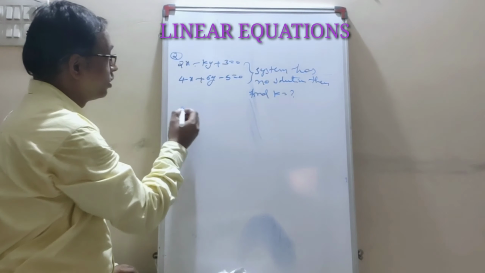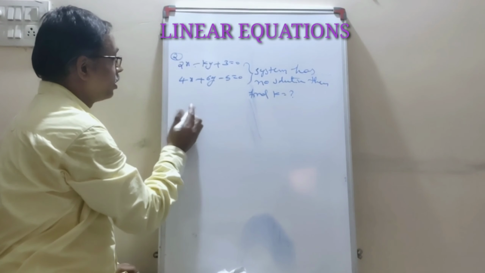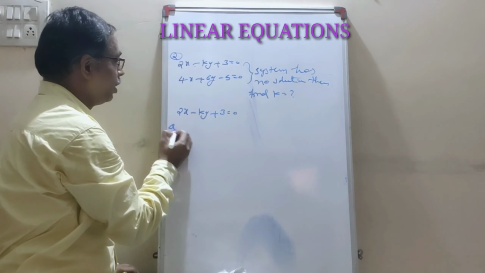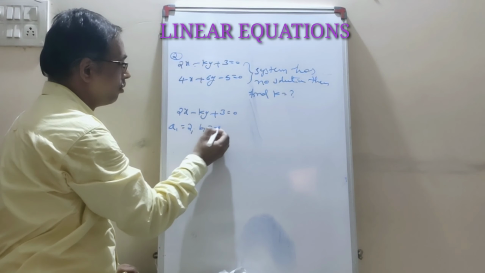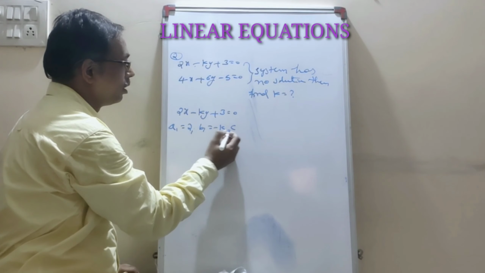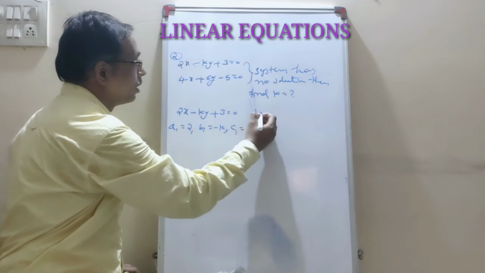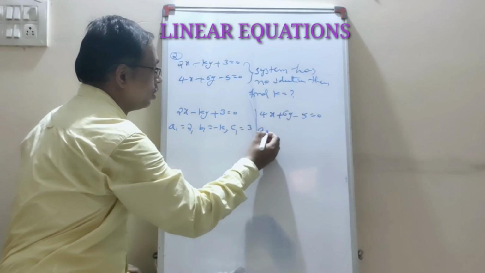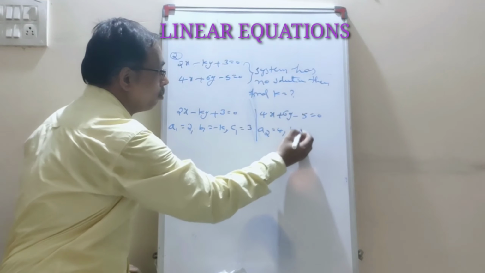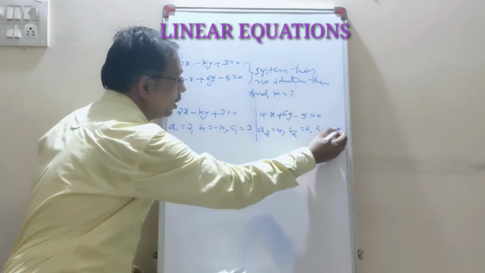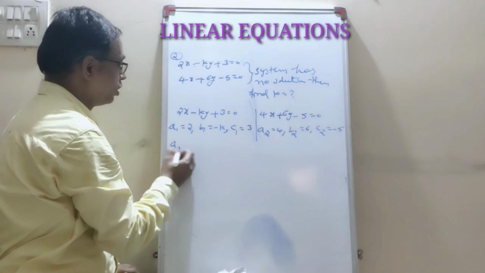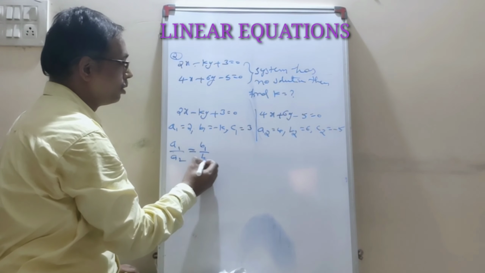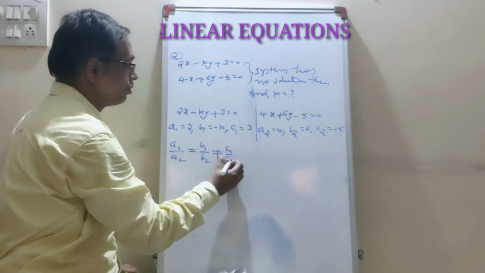Again here, first write the first equation 2x minus ky plus 3 equal to 0, and note down the a1, b1 and c1 values. Again here also 4x plus 6y minus 5 equal to 0, with a2, b2 and c2. So here a1 by a2 is equal to b1 by b2 but not equal to c1 by c2.